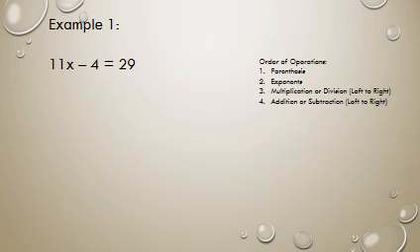First of all, I want to review our order of operations. I've got them located over here on the right. And the first thing that we always do whenever we're completing a problem is we see if we have parentheses, then exponents, then multiplication or division from left to right, and then addition or subtraction from left to right.